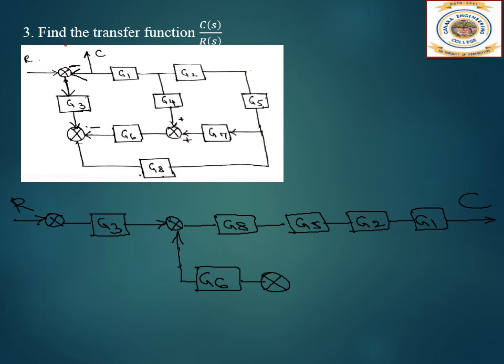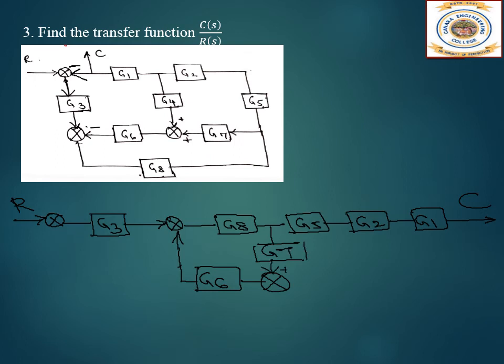Again, there's a summation point. Between G8 and G5 we have G7, so that is here. This is G7, which is taken as input, and it is plus.